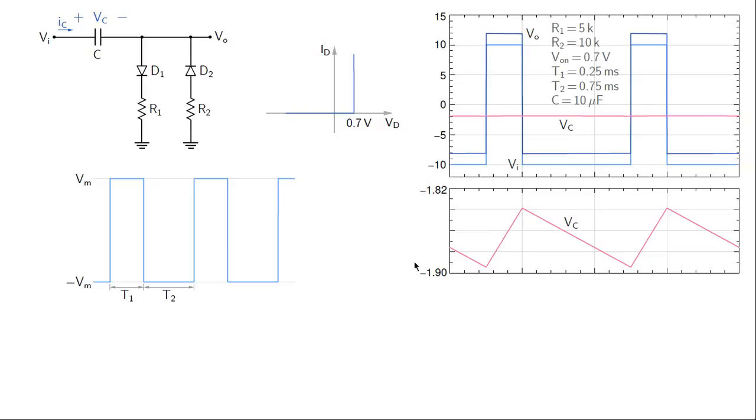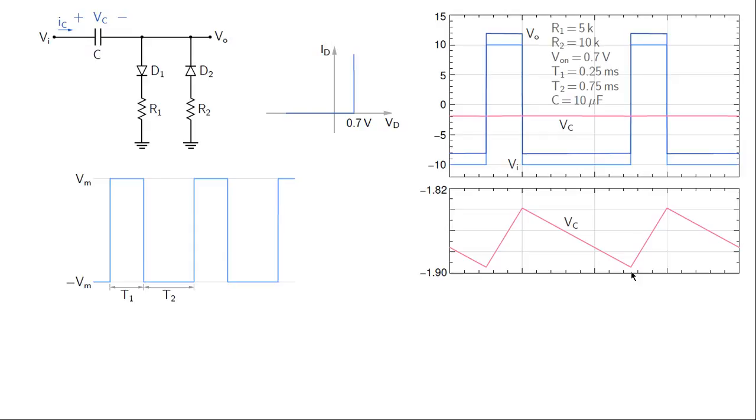And note that our capacitor voltage waveform is periodic. This value is the same as the Vc value after one period, that is this one, and that is the meaning of periodic steady state.